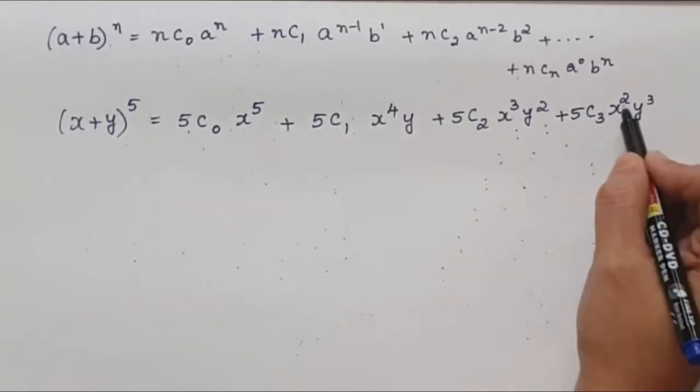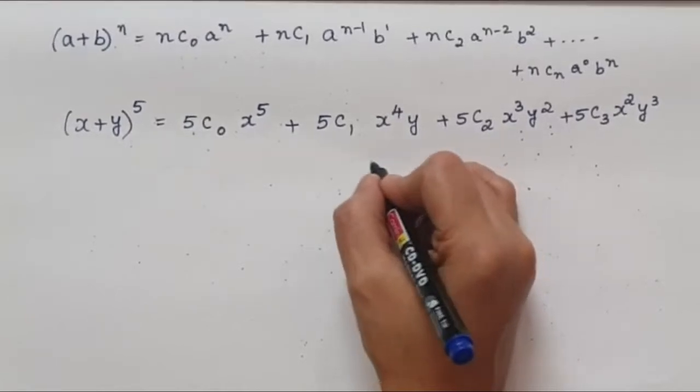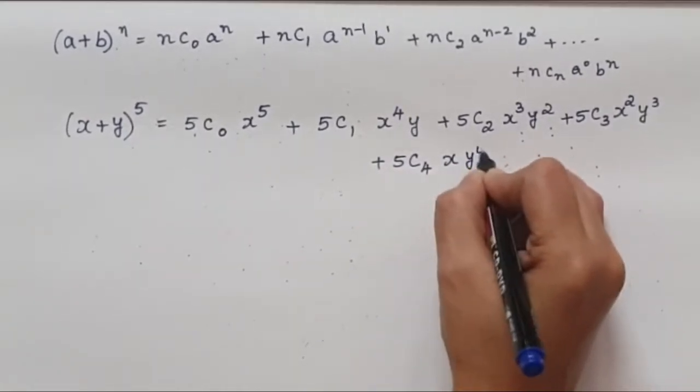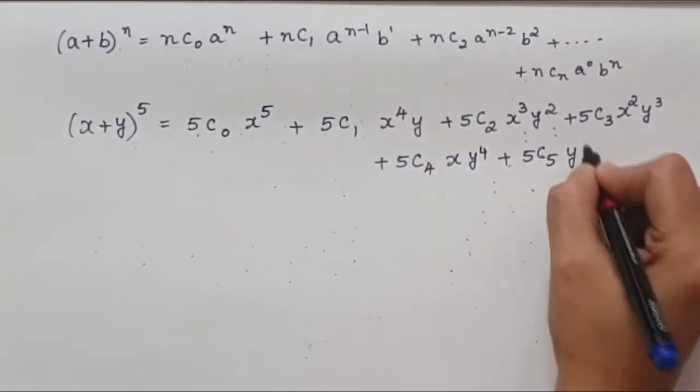See, 5C3 x squared y cube. Only then, when we add the powers, we get 5. Then the next one will be 5C4 x y power 4 plus 5C5 x power 0 y to the power of 5.